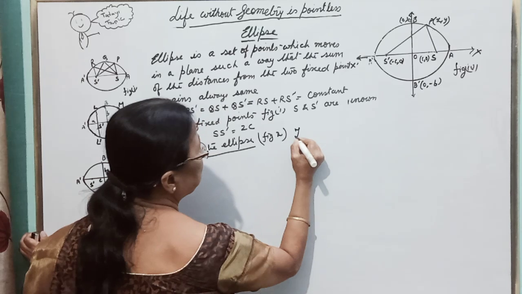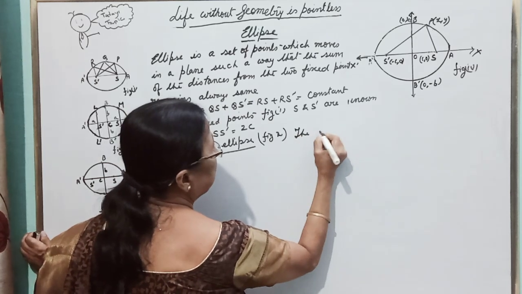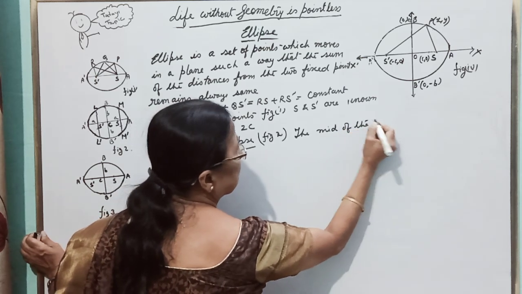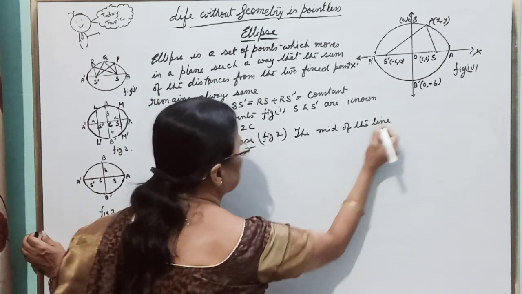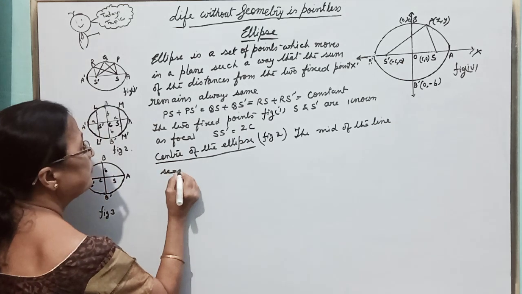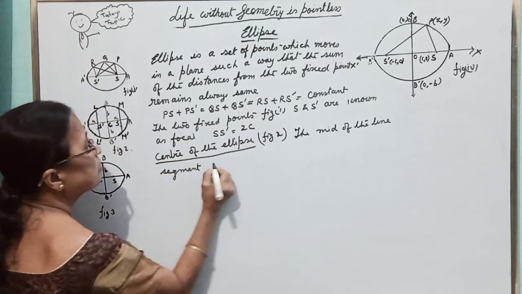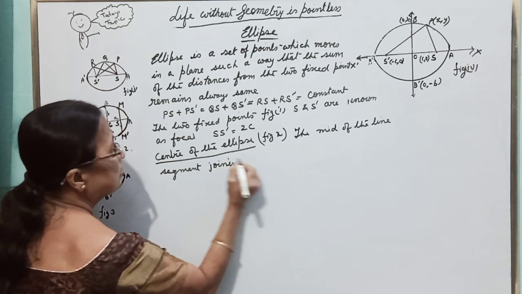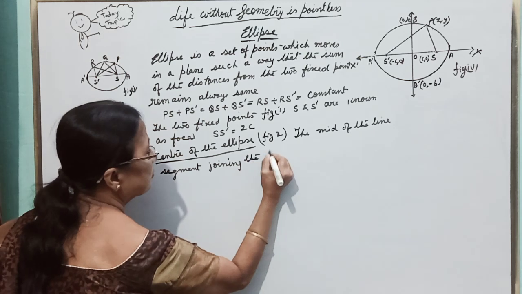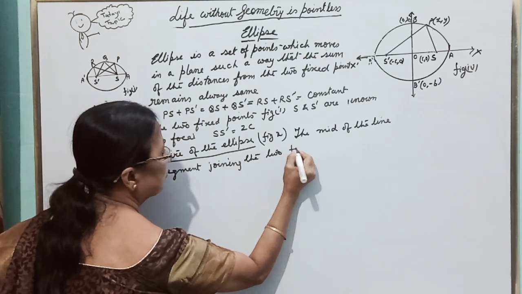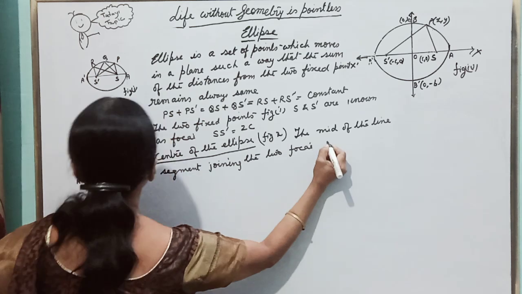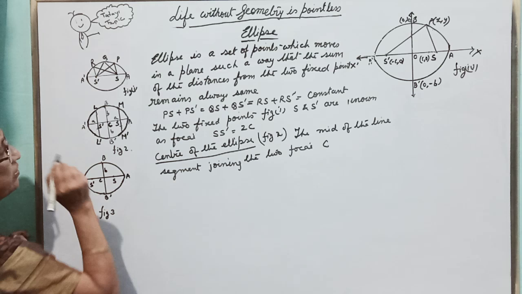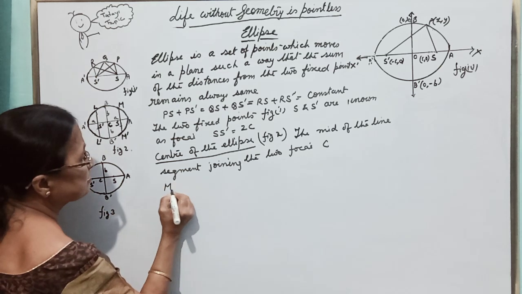The midpoint of the line segment joining the two foci. Here it is C, the midpoint between S and S dash. Now major axis.